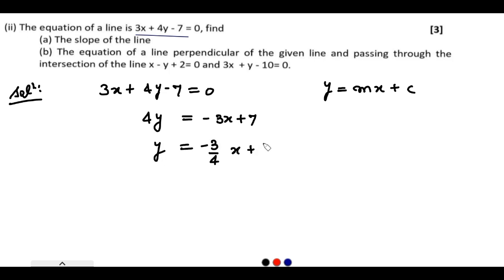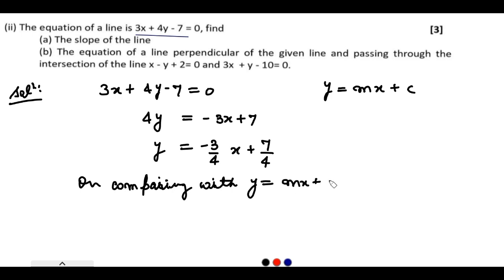Now this is in the form y is equal to mx plus c. On comparing with y is equal to mx plus c, slope m is equal to minus 3 by 4, means slope of given line is minus 3 by 4.